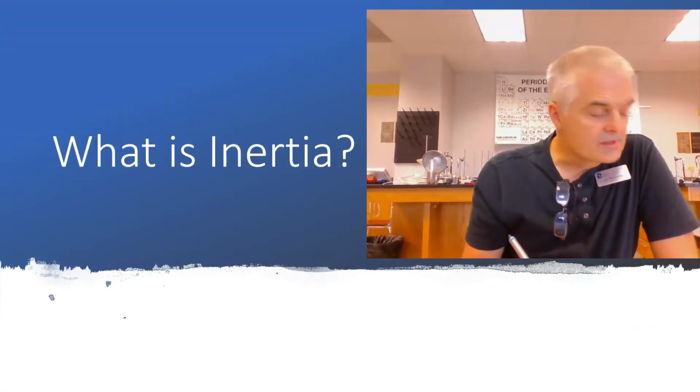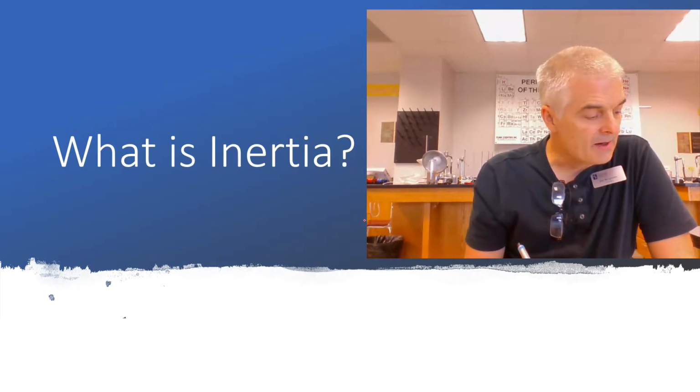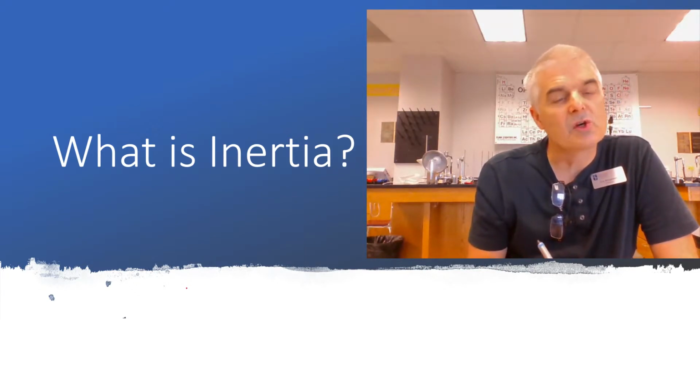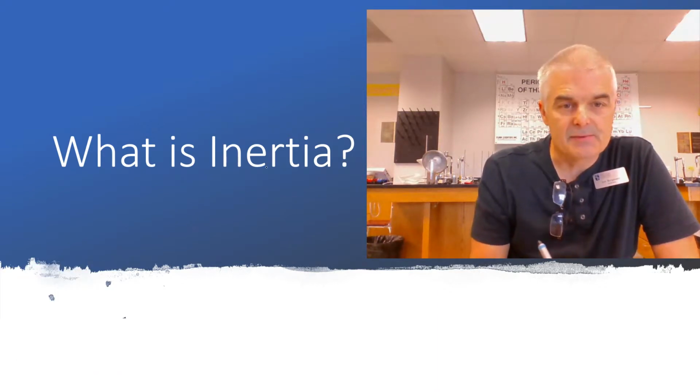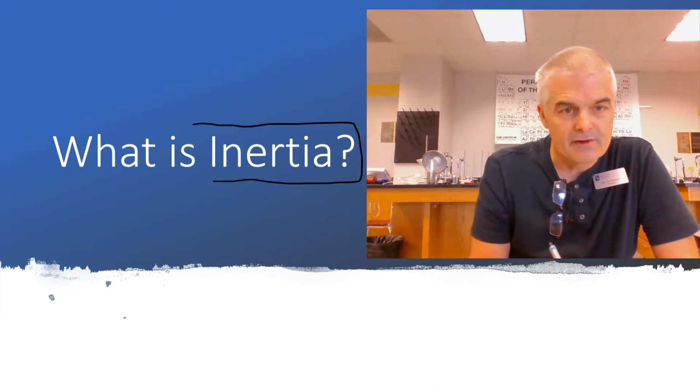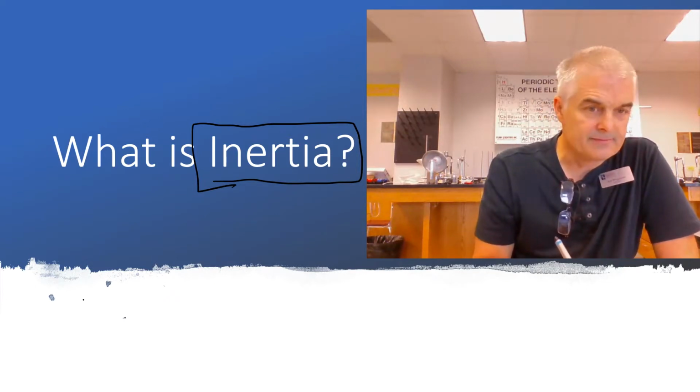Which leads us to really how things move. When we talk about how things move, there's a really important thing we need to learn about, and that's this concept of inertia. Inertia is a very, very important topic. What's inertia?